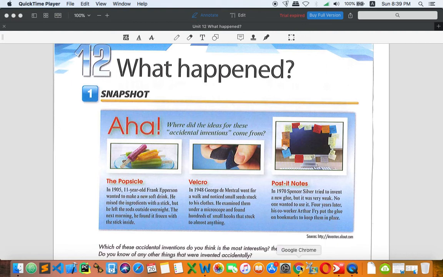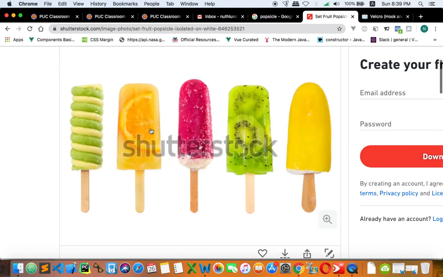If you take a look at this picture, let me show you what it is exactly. These are popsicles. They are made of different kinds of fruits like orange, kiwi, strawberry, I guess, and this one I don't know exactly.